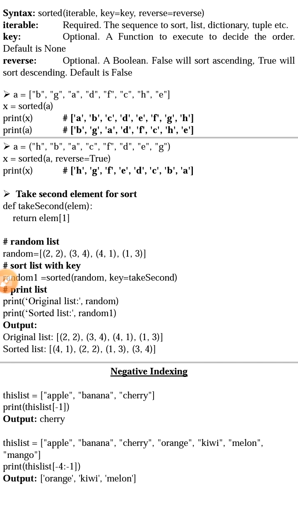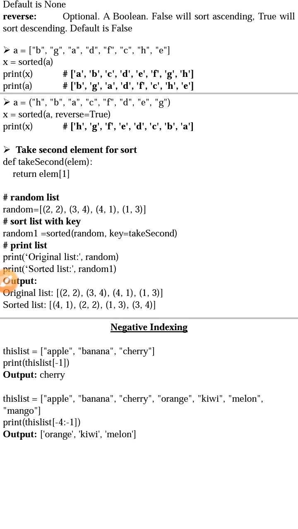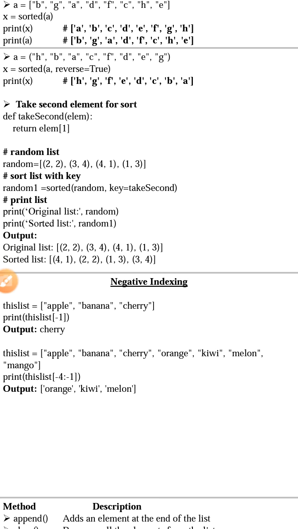As a second example, we take key equal to a function. The definition take_second returns element of index 1, since we want to sort all list elements based on the second value of each element in a list. If you observe the list random, we have 4 elements with values (2, 2), (3, 4), (4, 1), (1, 3).